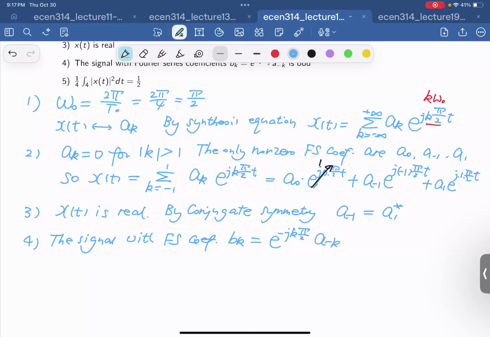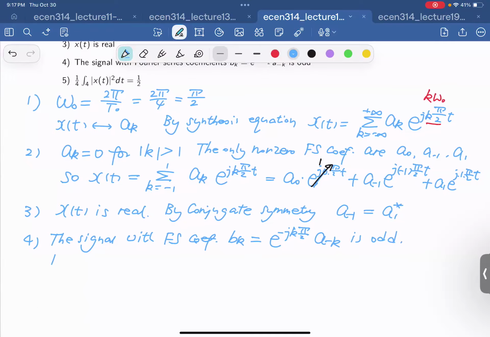Okay, if this signal is odd, by the odd symmetry, the property we just flashed back, we know that b sub minus k must be equal to minus b sub k.